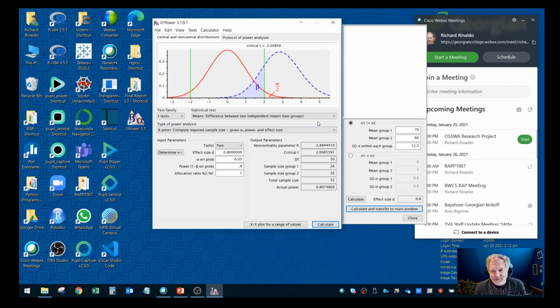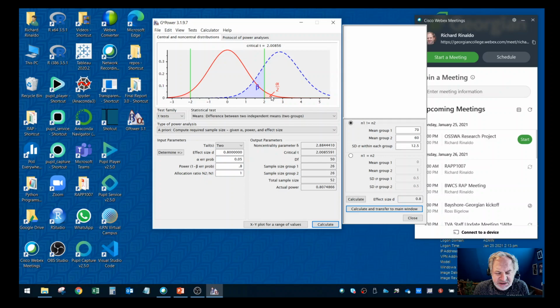I could have gone with n's unequal, but they're equal, so it defaults to them being the same. The allocation ratio n2/n1. So there it is. My actual power is 0.8074. What they do is they just calculate the t distributions. I get my t critical is 2.00856. Right? I could look that up on my t table.